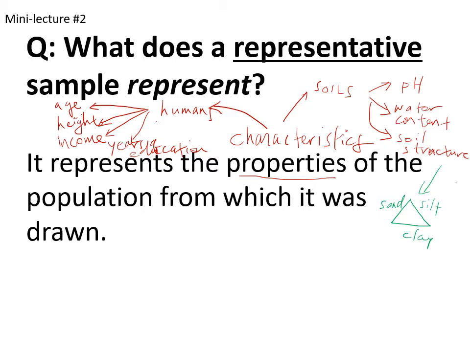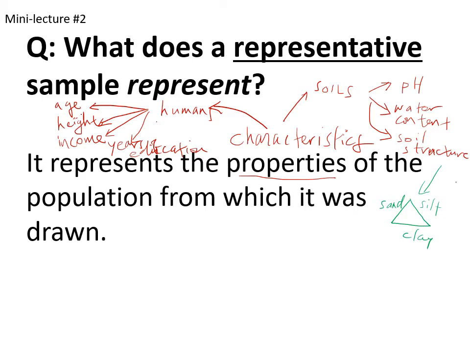And so a representative sample represents the properties of the population from which it's drawn. And often those are going to be things that are easily measured numerically, right?